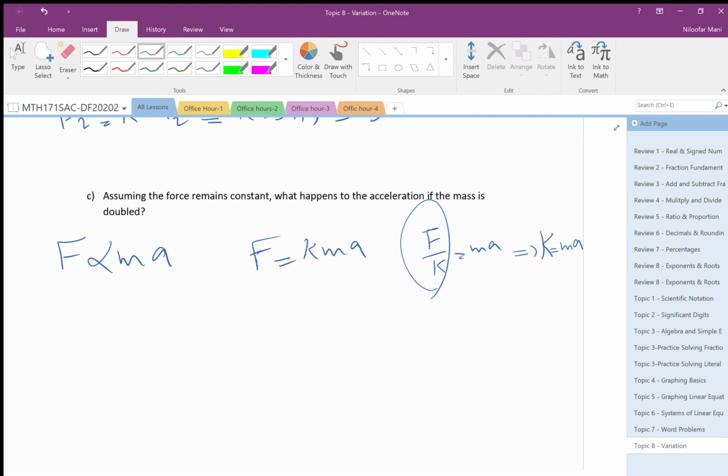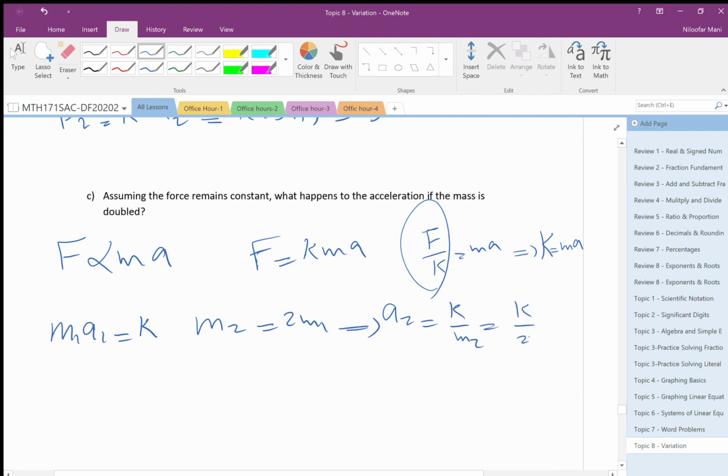Okay, so I do M1 A1 is K. I do acceleration if the mass is doubled, so M2 is 2M1. So A2 is K over M2, which is K over 2M1, which is A1 over 2.